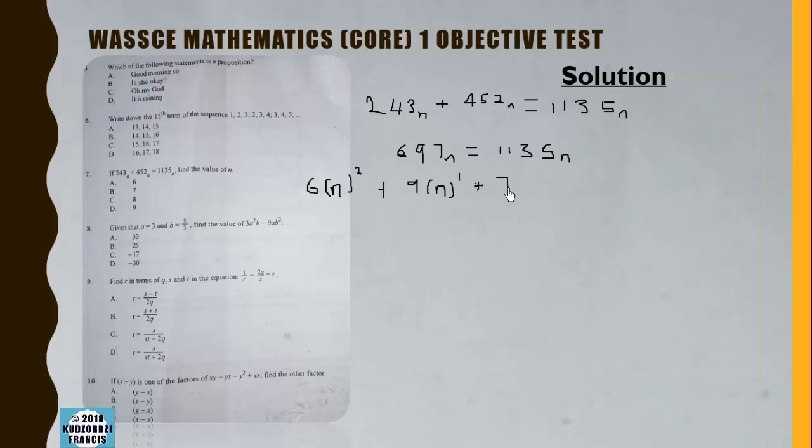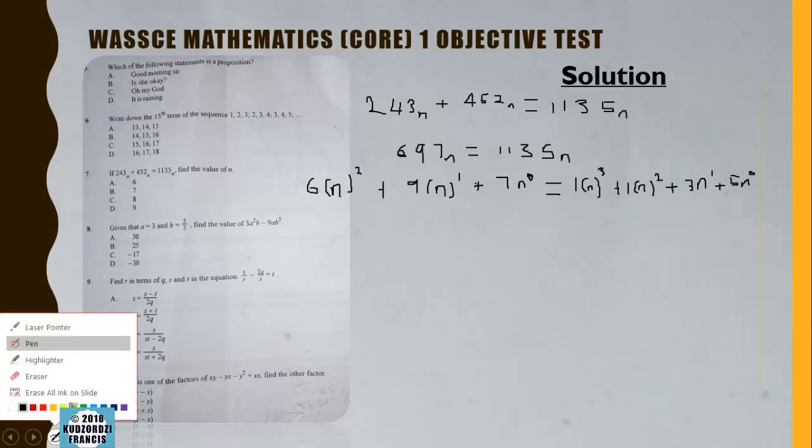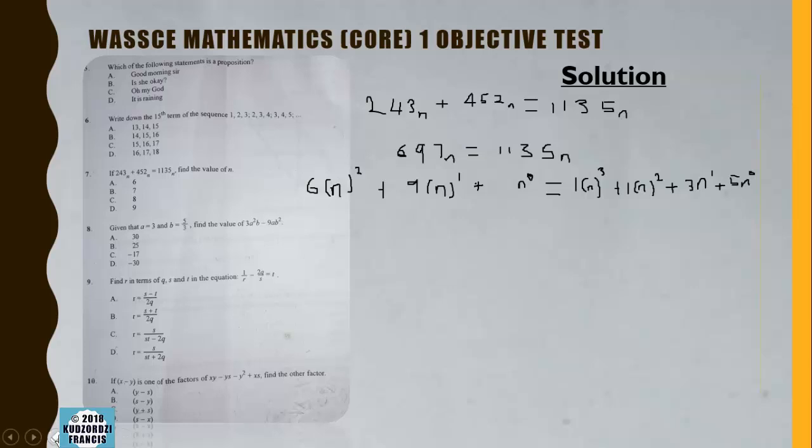Then we have plus 5 times n to the power 0. This is supposed to be 5.